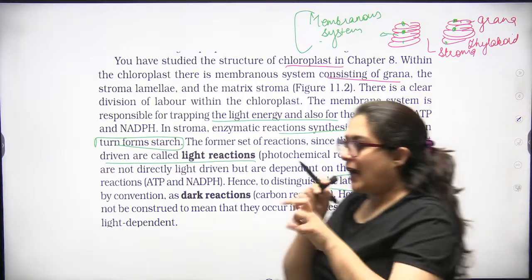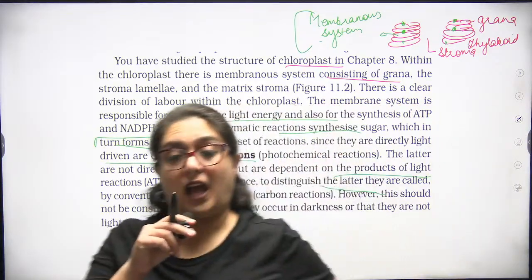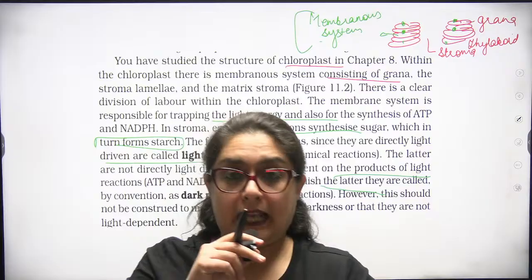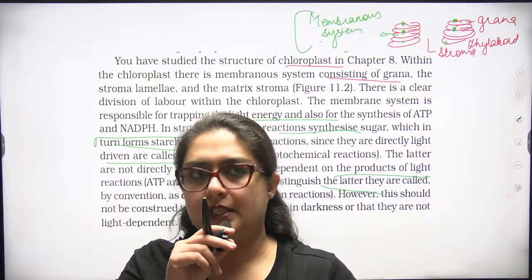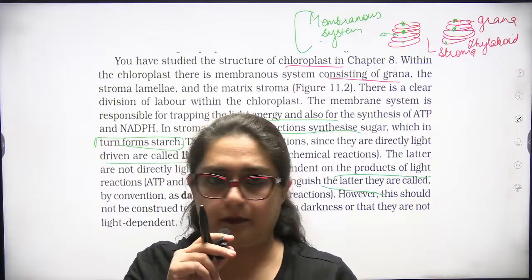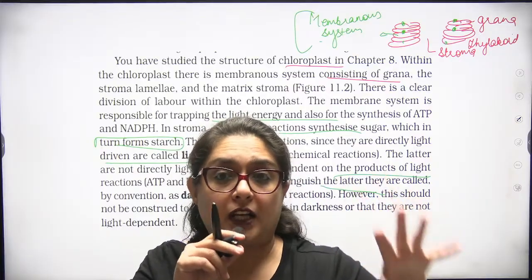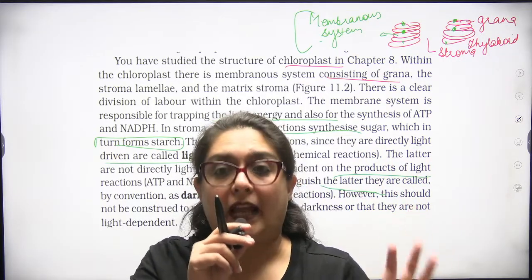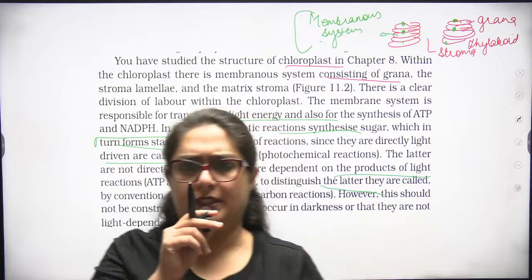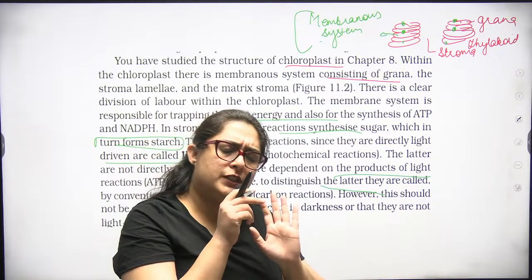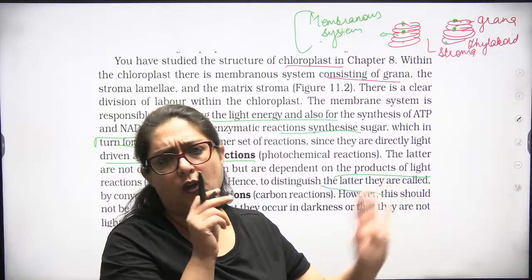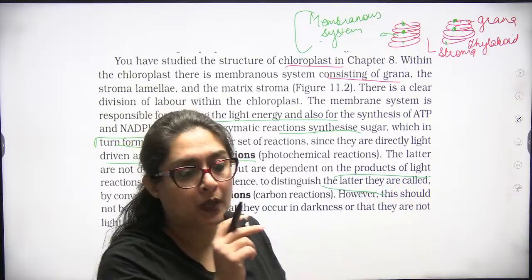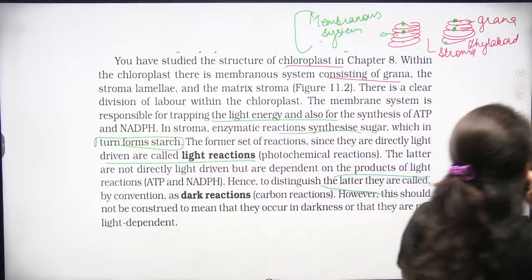If some reactions are considered dark reaction, that doesn't mean that these reactions occur in dark or that they are not light dependent. They are part of photosynthesis. The photosynthetic pigment chlorophyll has already trapped adequate sunlight to carry out all the steps of photosynthesis.